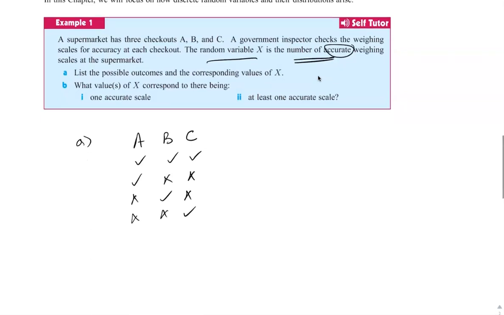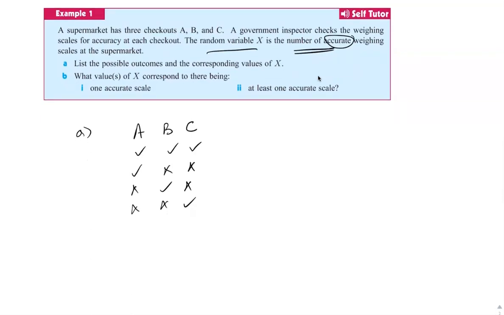You can also do the pairs: A and B work, but C doesn't. What if A doesn't, but B and C do? What if B doesn't work, and A and C do? And there's one last one: what if they all don't work? Those are all the possibilities: they all work, 1 of each works, 2 of a pair work, and none of them work.